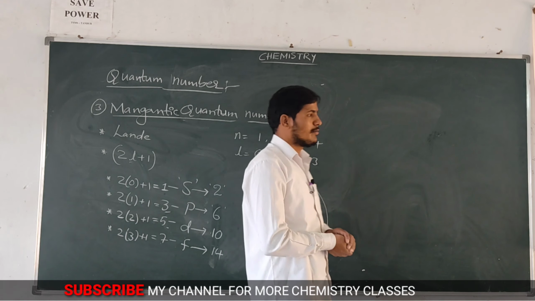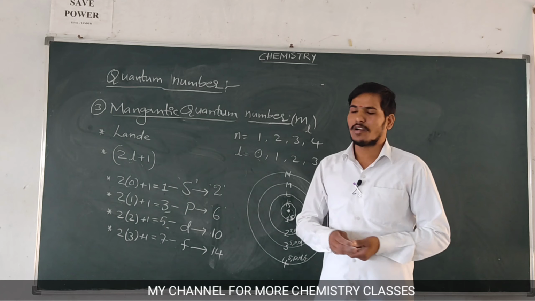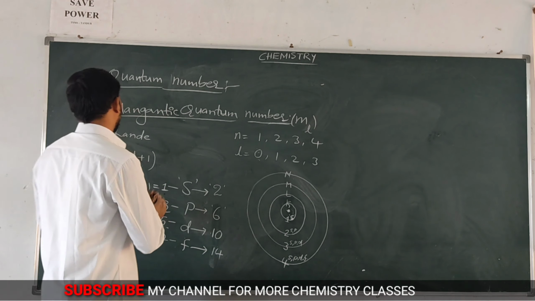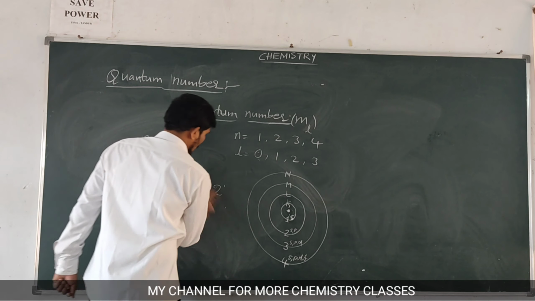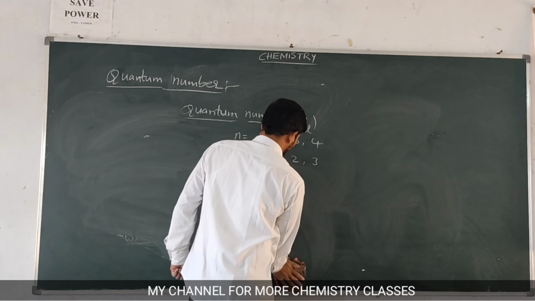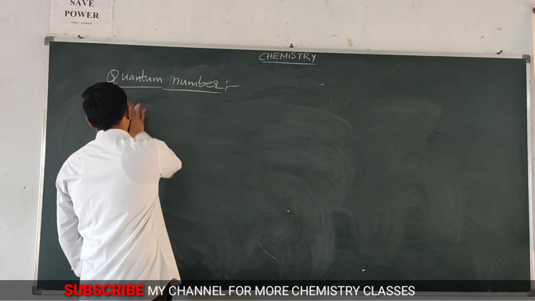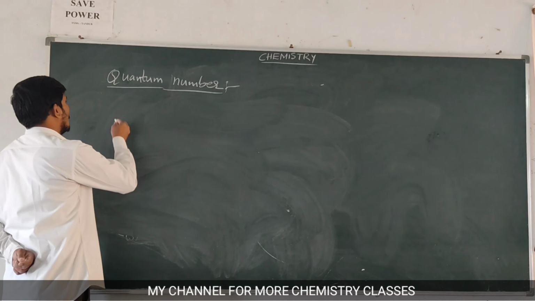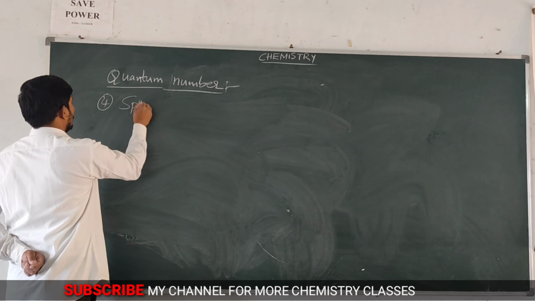By using this formula we can find out the ML, the magnetic quantum number values. Next, the fourth one, the last one, is the spin quantum number. What we have learned till now is that quantum numbers are classified into 4 types, and the last one is the spin quantum number.